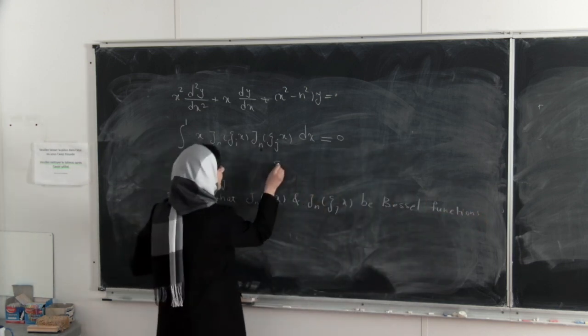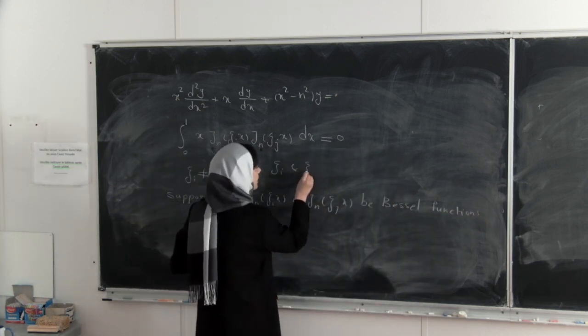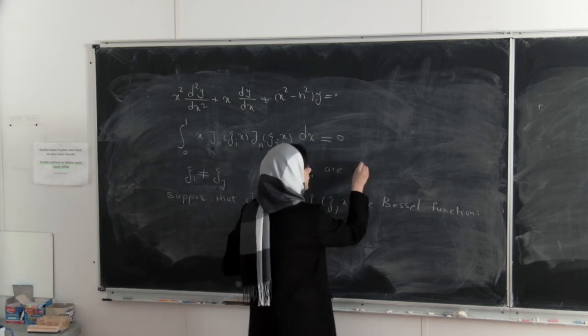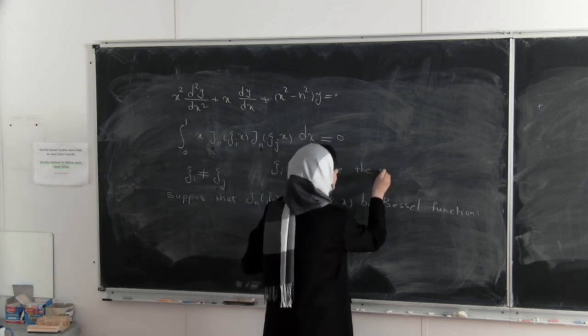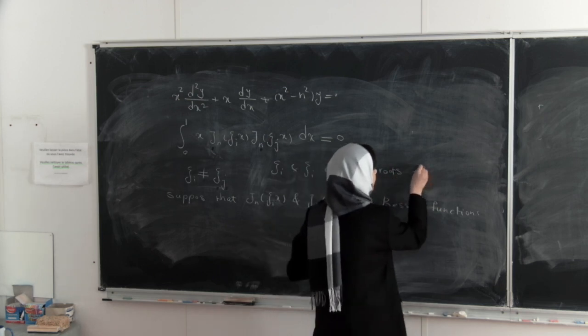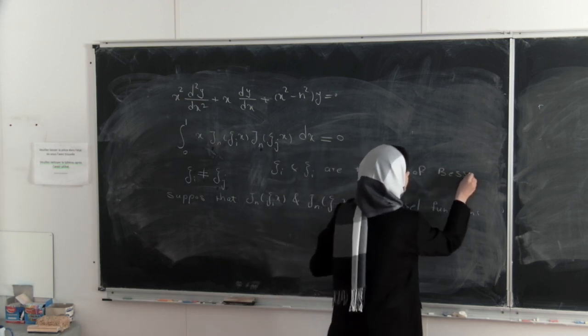Here, chi i and chi j are the roots of the Bessel functions.